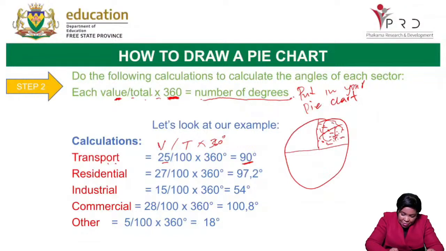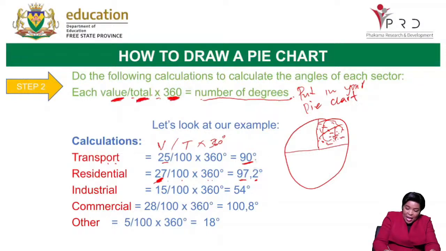And then you have the total of residential, which is 27, divided by the 100, which was the total of all of them. You multiply by 360, you get 97.2. Please make sure that you get the value that you want to convert, divide by the total that you got of all of them, then you multiply by 360.